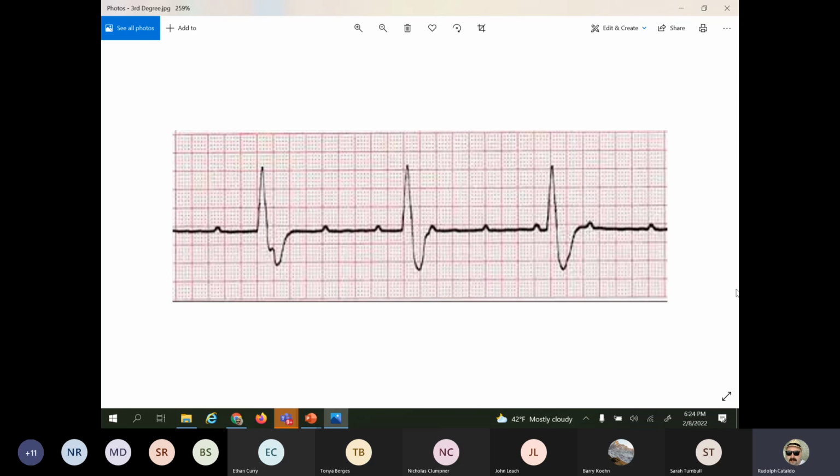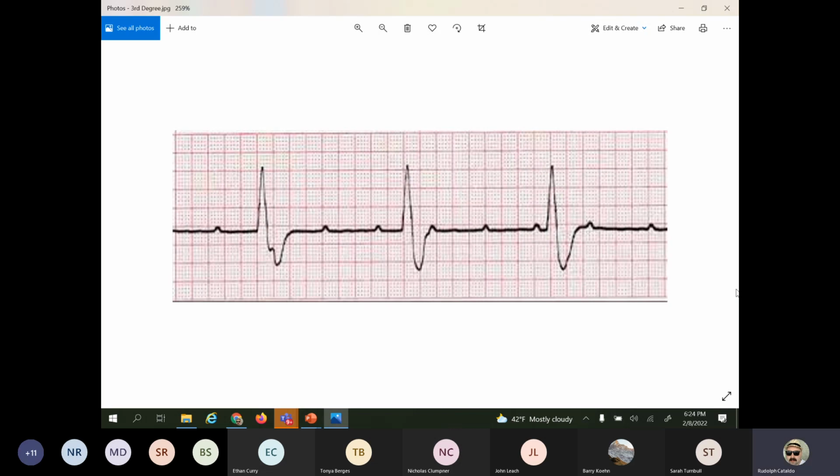What about the distance from one P wave to the next P wave? Are they about the same? Yes. That's what makes a third degree block what it is, a total disconnection from the top to the bottom of the heart. The top of the heart is your P waves. The bottom of the heart is your QRS complex.